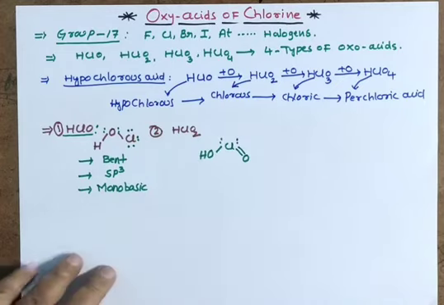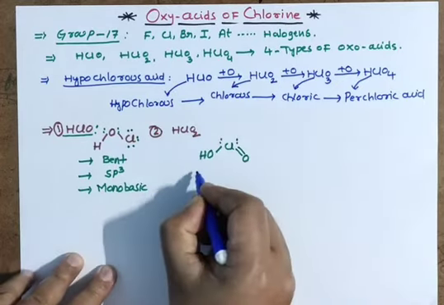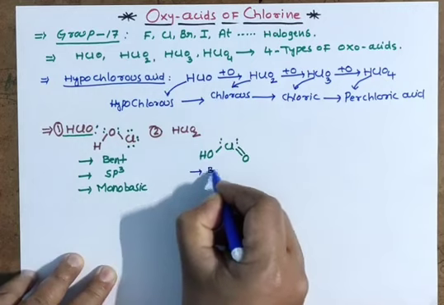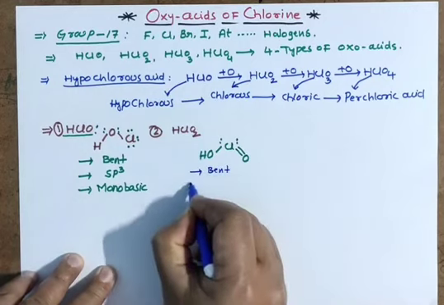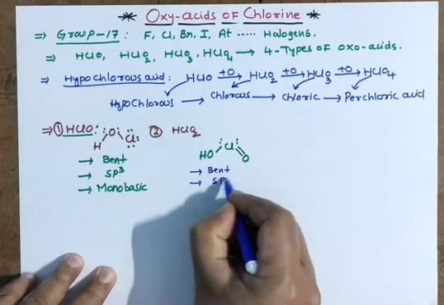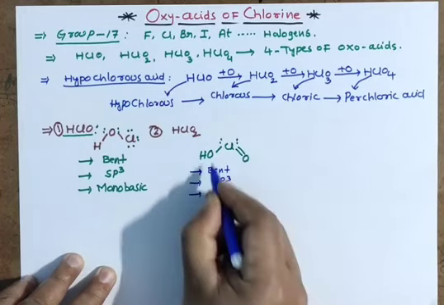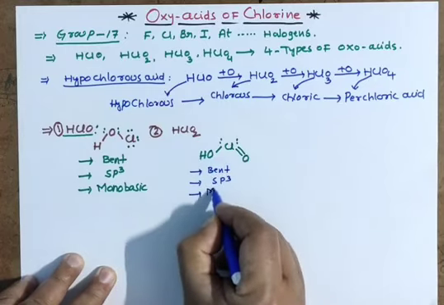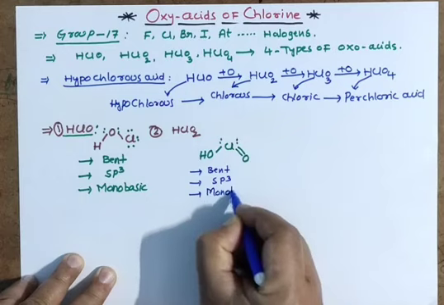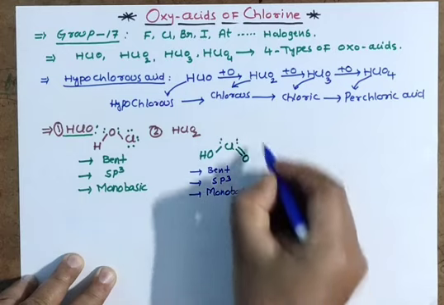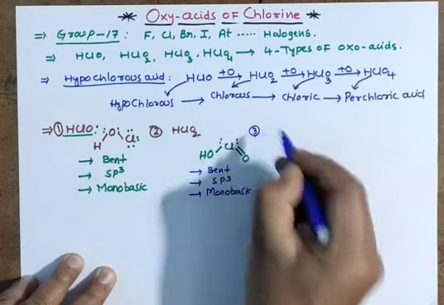Now the shape of this molecule is bent shape, hybridization sp3, and one OH group is there. That's why monobasic.